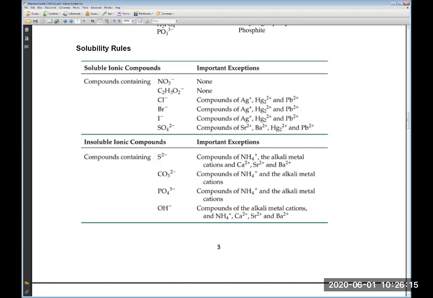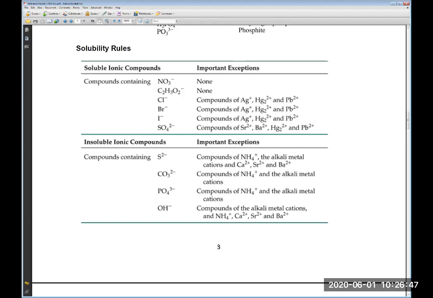The bottom part focuses on insoluble ionic compounds. Compounds that contain those ions will typically be insoluble, but there are exceptions. In the exceptions for the insoluble ones, you will always have the alkali metals and ammonium, and then sometimes group 2A, sometimes not.